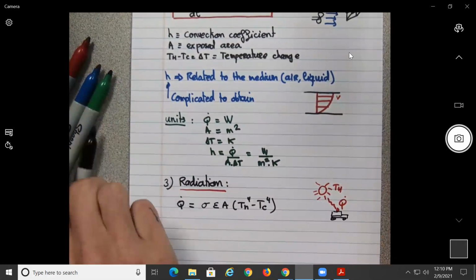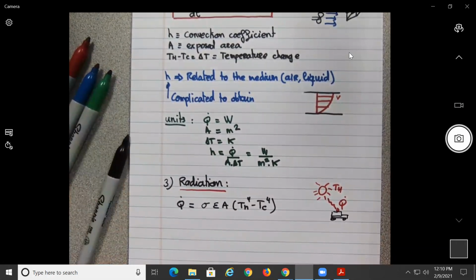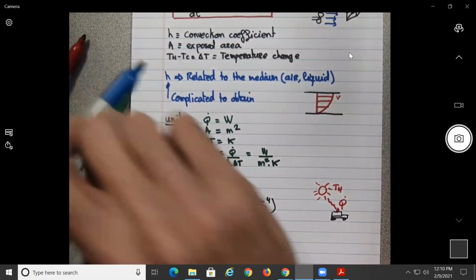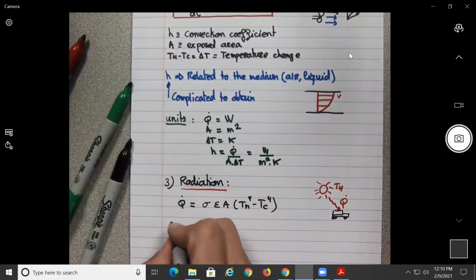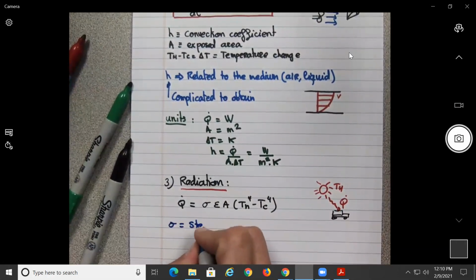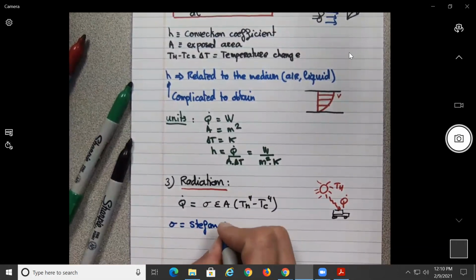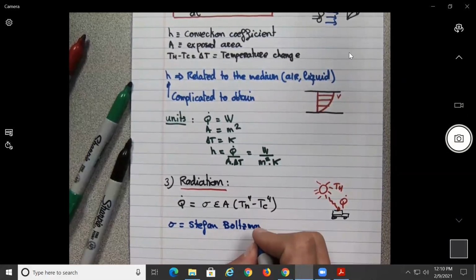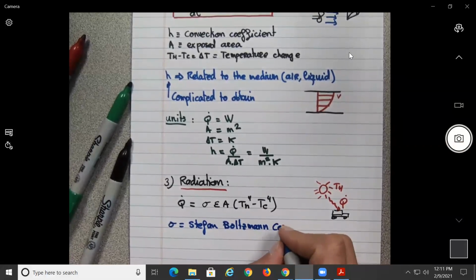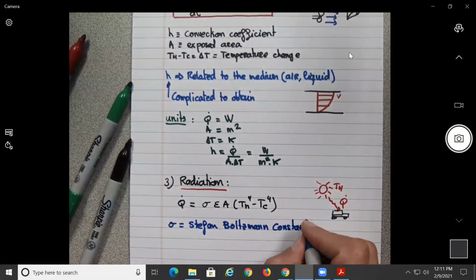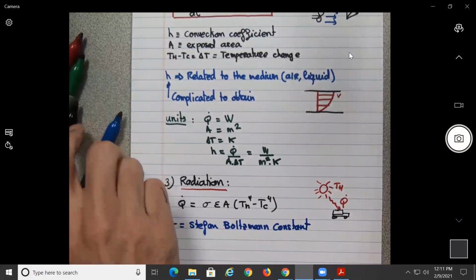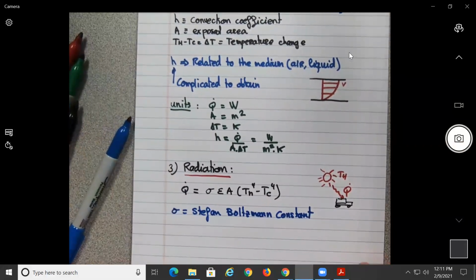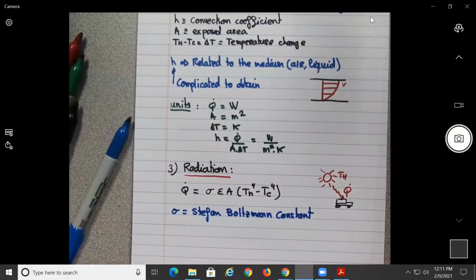Okay, so sigma over here is the Stefan Boltzmann constant. That value is on the page that I gave you, but let's try to go and find it anyway.